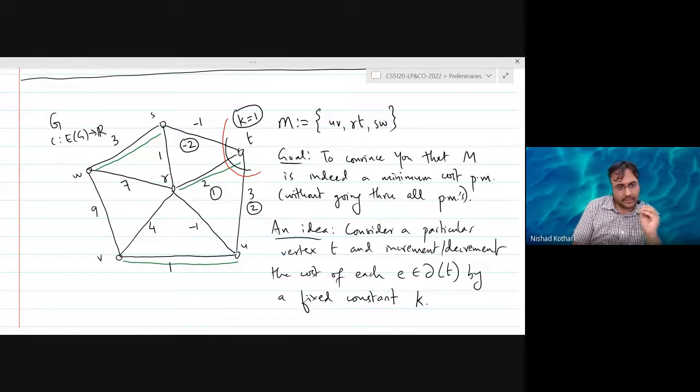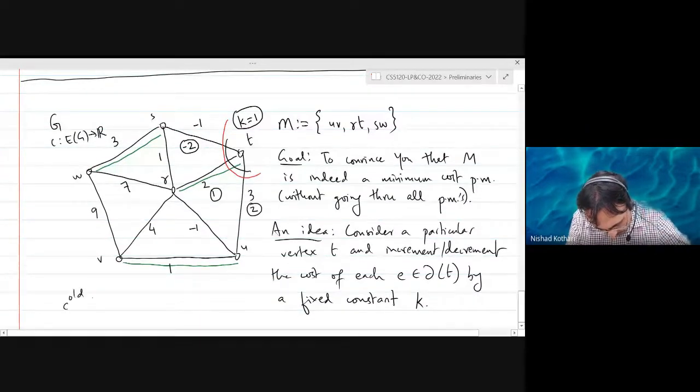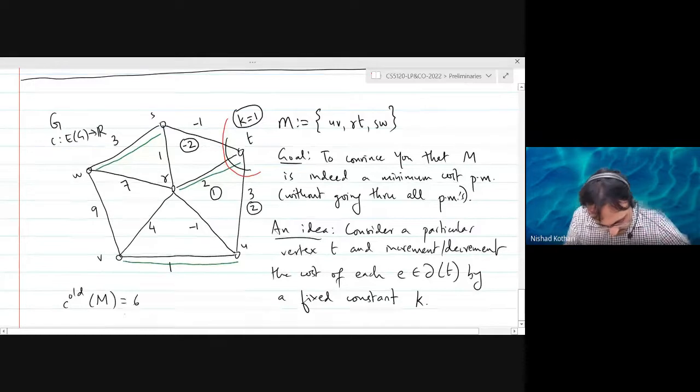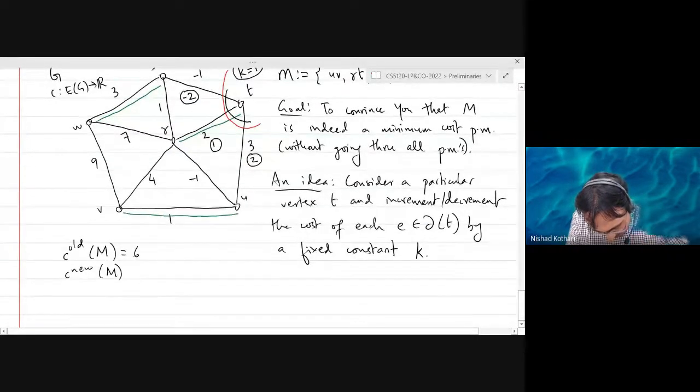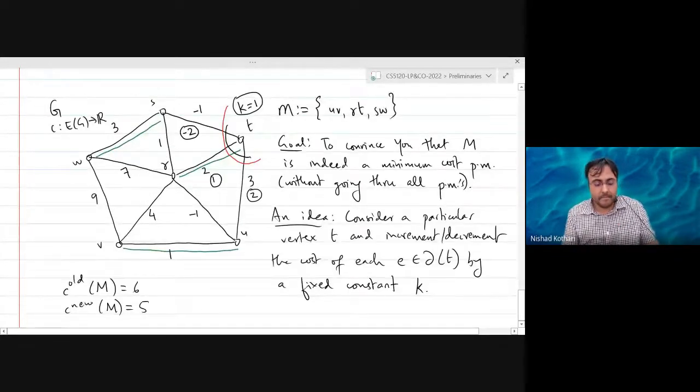So notice that in this case, the perfect matching M now has cost 3 plus 1 plus 1 equal to 5. Okay, so the old cost of the perfect matching M was 6 and the new cost of the perfect matching M is now equal to 5.